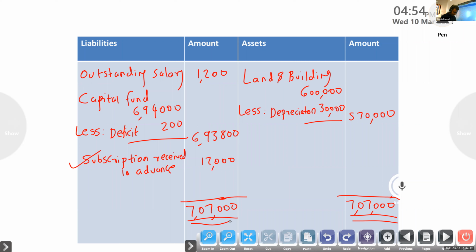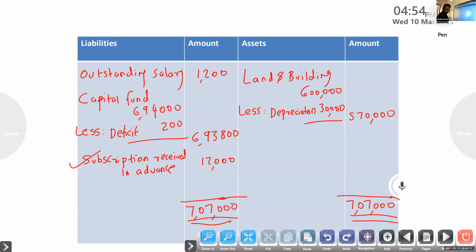Okay, so now one more problem is there, the 18th one. If the opening balance sheet and receipt and payment account are given, it will be easy. If it is only the receipt and payment account, normally we prepare the income and expenditure account on that basis.